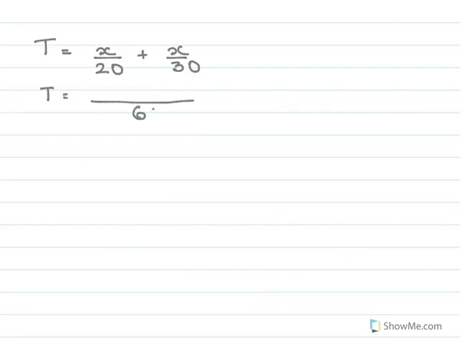Here we take the LCM, which is 60. So to make the LCM 60, we need to multiply 20 by 3, so here also by 3, and we get 3x. 30 we need to multiply by 2 to make 60, so we get 2x. So the time t is equal to 5x over 60. So we've got our time.